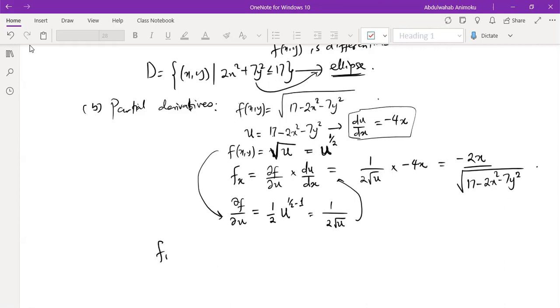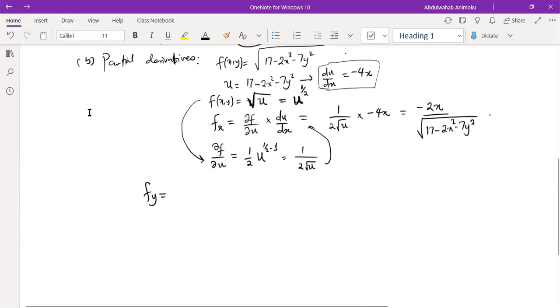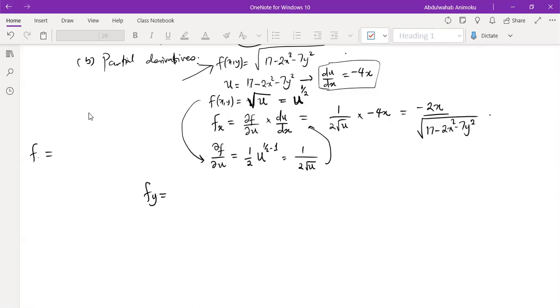So in doing the second part, we can quickly use this methodology, knowing that it is the chain rule. We can quickly find the answer to that. So the first thing again is we'll find the derivative of the outer function, which is the square root, right? Don't forget that f can be written as 17 minus 2x squared minus 7y squared all raised to power 1 over 2, right?